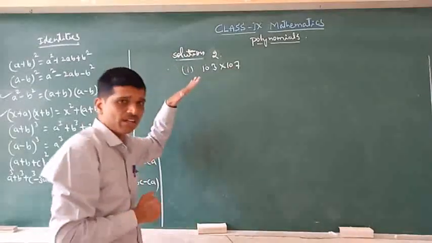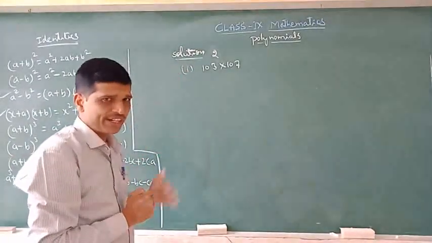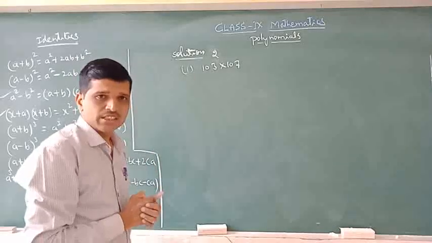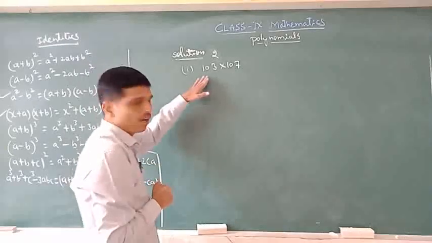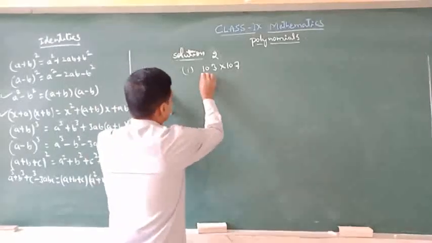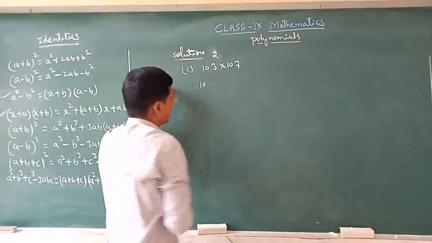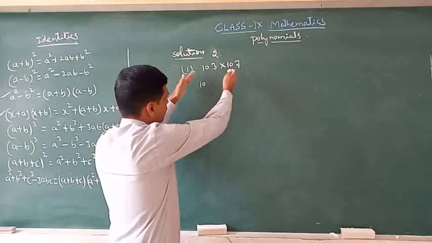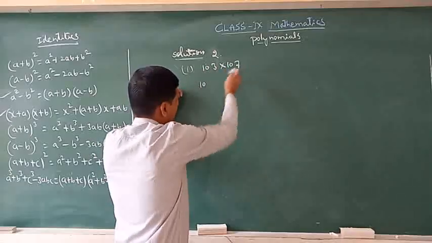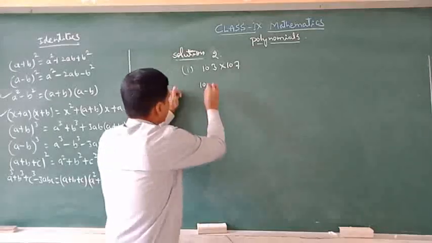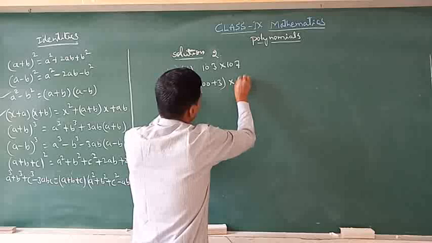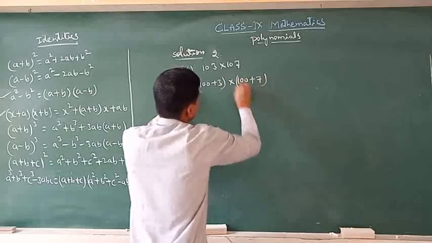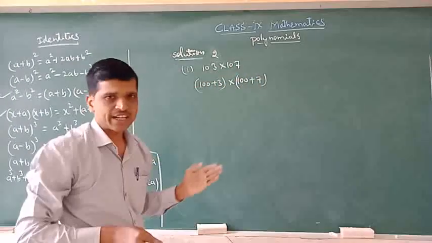First we can compare it with the identities, but it does not seem to be an identity directly, so you can convert them. Take a constant number, the nearest number here, 100. 100 is fixed, so 103 is 100 + 3 and 107 is 100 + 7. Suppose it is less than 100, you can make it 100 − 1.